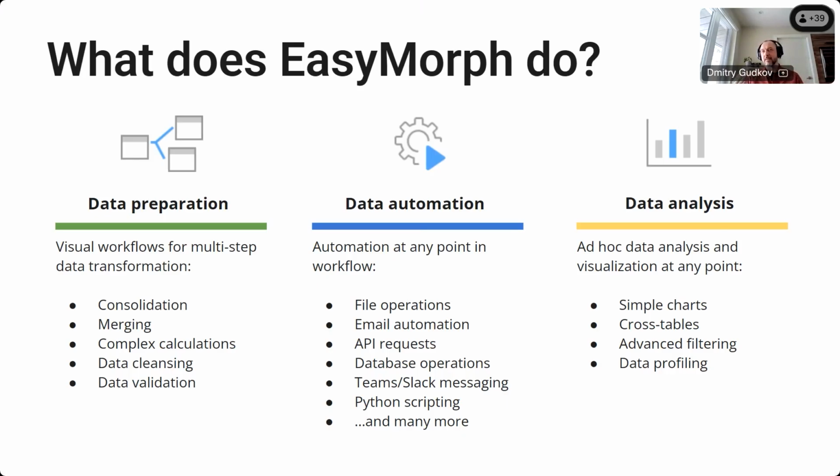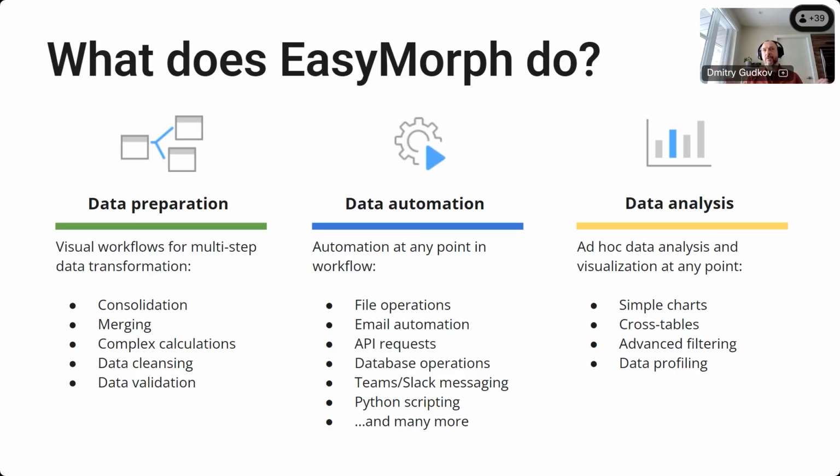You want to understand, evaluate data quality, understand if this data makes sense from a business perspective, if it's not broken in certain ways, if there are no omissions, and everything is here. So it's a good tool for data analysis as well, and those three capabilities are the main use cases for EasyMorph.